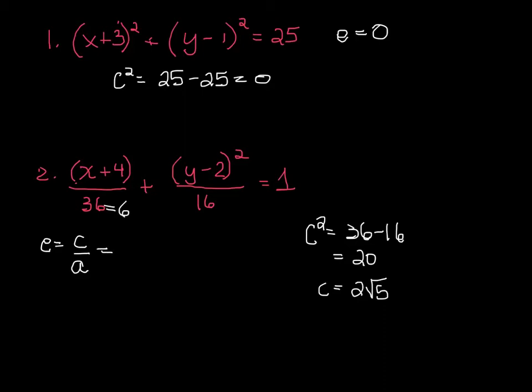So E is going to be 2 root 5 over 6, which will give me root 5 over 3, which typically we leave as a decimal. So this eccentricity would end up being 0.75. Now, remember that the eccentricity of an ellipse needs to be between 1 and 0, so this would check out.